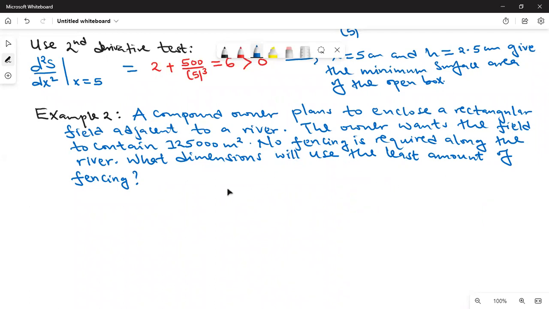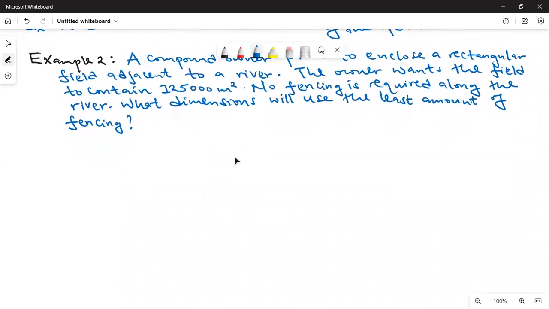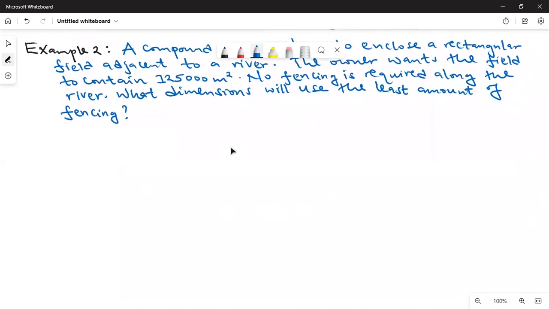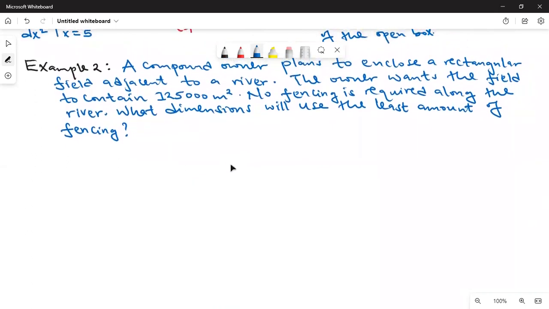So again, let's sketch. It's better to work with a sketch. Let us sketch this kind of a field. You see, this field is rectangular. And this is how the sketch looks like. Let's say the river is on this side.